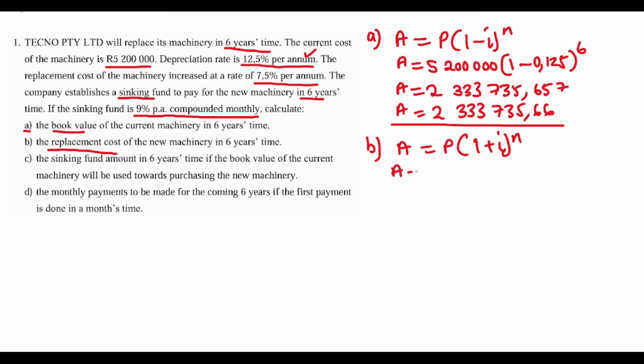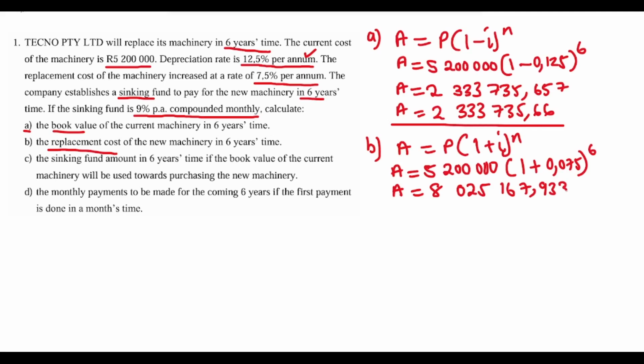So it's going to be A is equal to 5,200,000 times (1 plus the rate, which is 7.5% per annum, so 0.075), and then for 6 years we get that A is equal to 8,025,167.933, which is roughly 8,025,167.93. So this is the replacement cost in the market in 6 years' time. This will be the cost of the machinery.